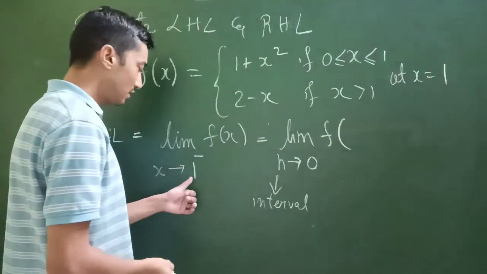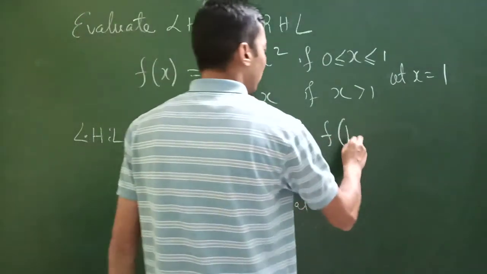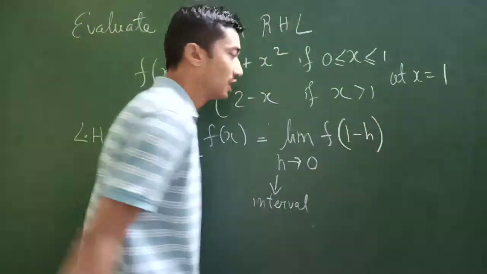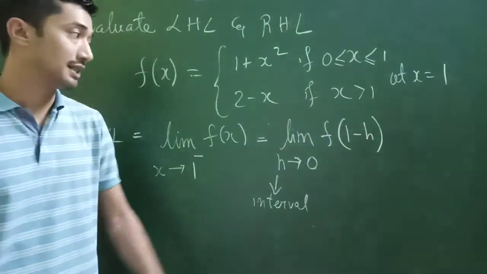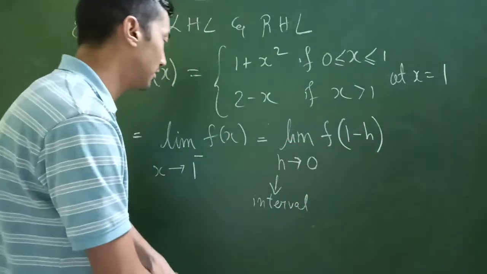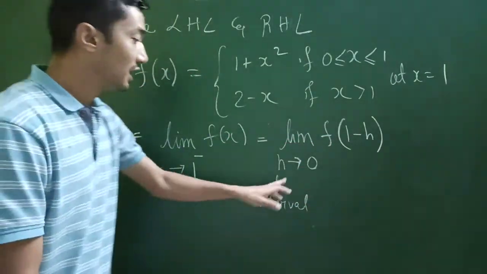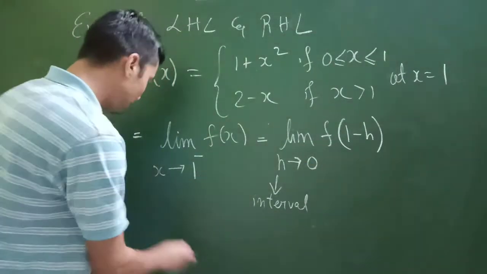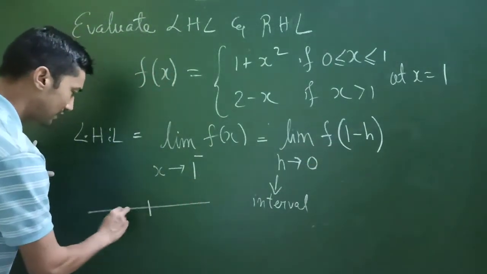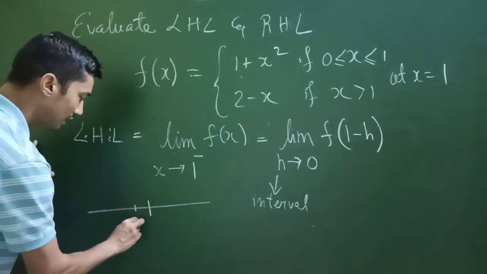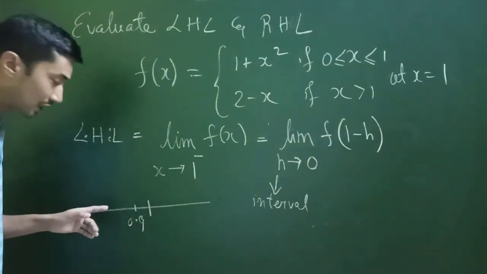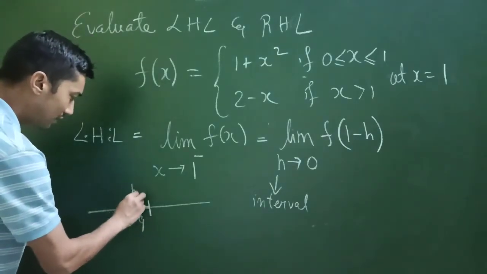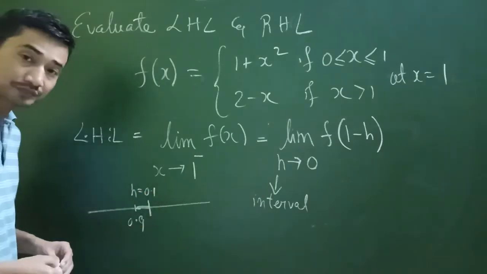Value of the function at 1 minus h. This simply means, I'll show you exactly what it means. You will understand, don't worry. If we approach 1 from the left hand side, it's going to be like 0.9, for example. That means our interval h here is 0.1.